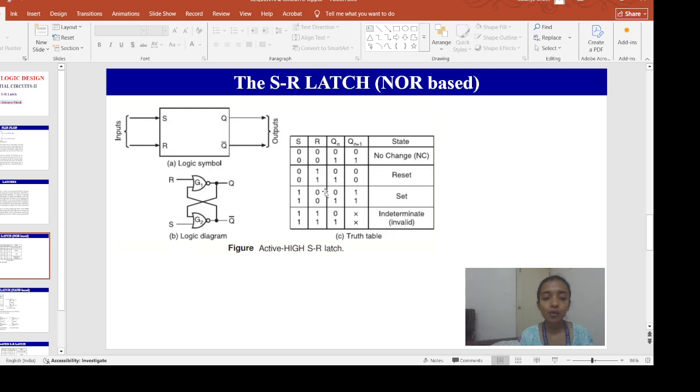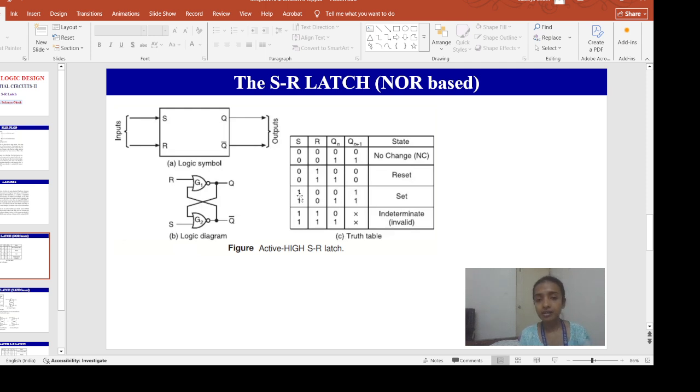Now the next third state, set is 1 and reset is 0. This will make the next state Qn plus 1 equal to 1, where it will remain even after set returns to 0.